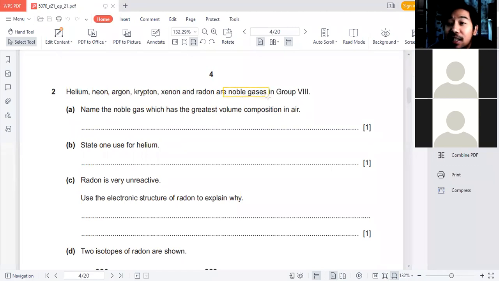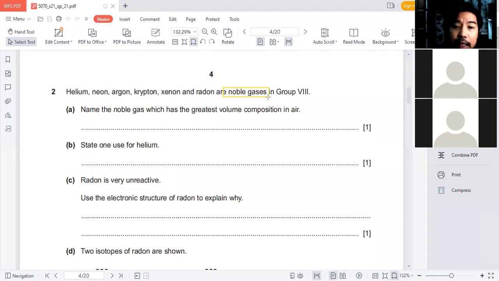They have a full electronic configuration, unlike the others, which want to become noble. They can't become noble because they are born noble, so they are unable to undergo any reactions. That's why they're in group 8. The valence electrons are all 8, so the shell is fully occupied, which is one of the reasons they are unable to undergo reactions.